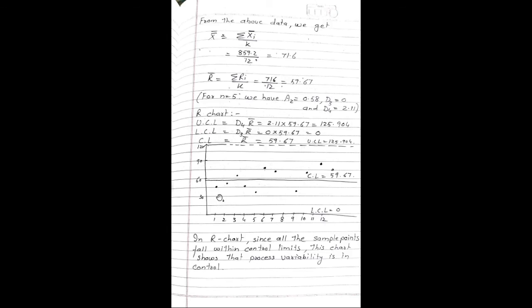So we will take the scale 30, 60, 90, 120, and 150 we can consider, because the upper control limit is 125 point something. So we will draw these lines and then we will plot the points.